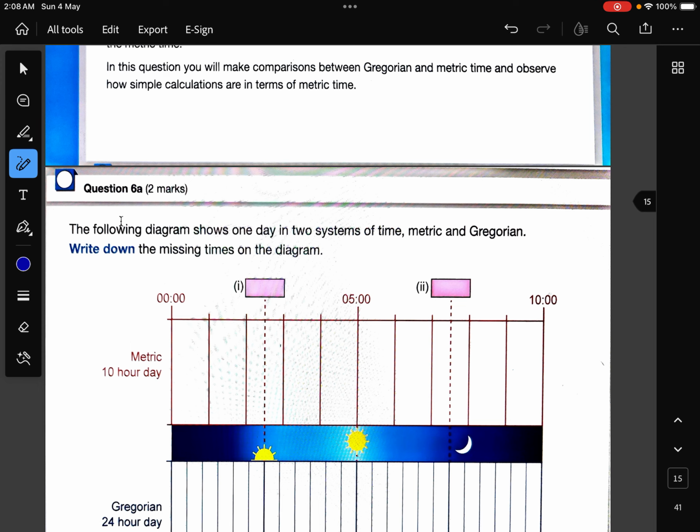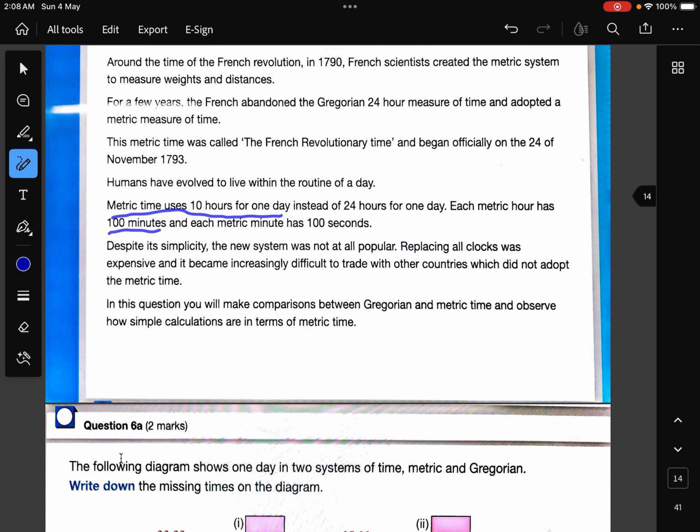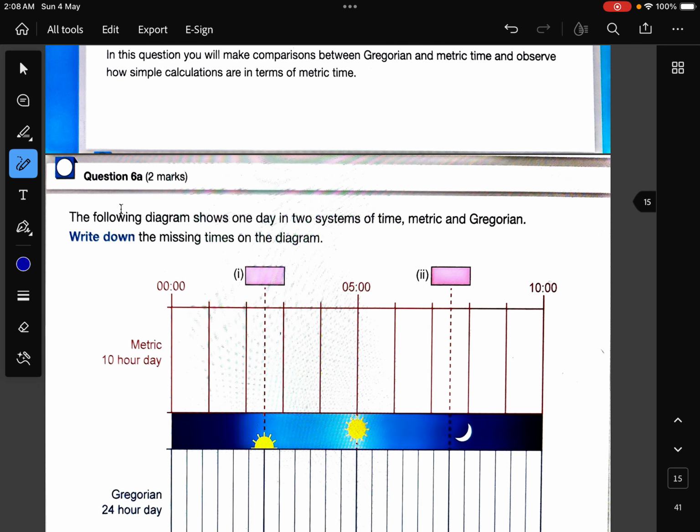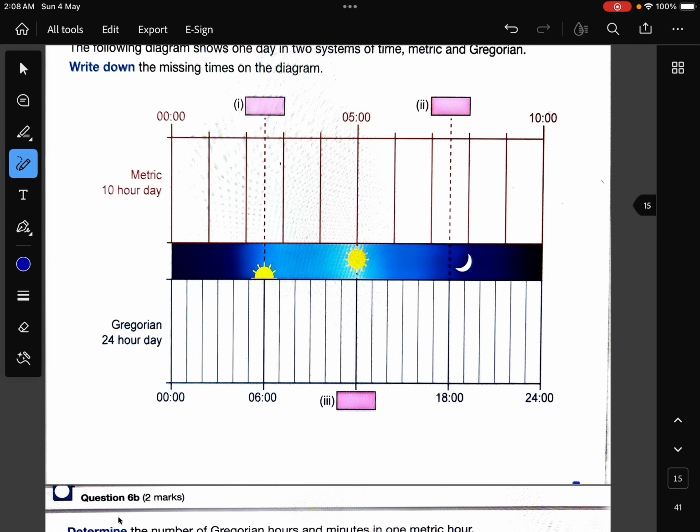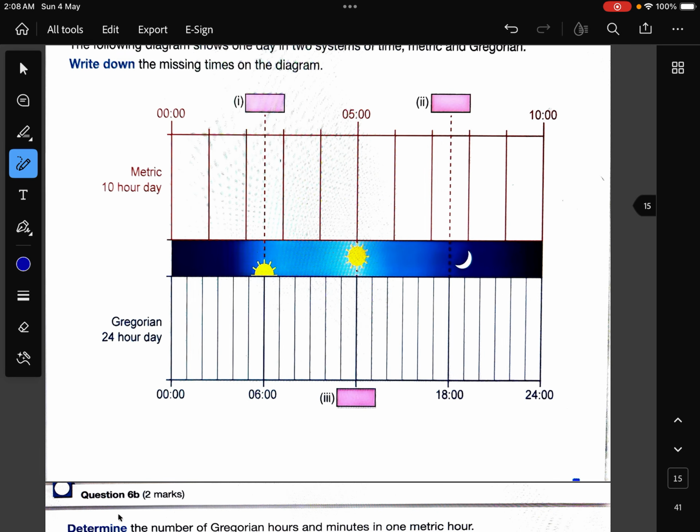When we look at between 12 midnight and 5 o'clock in the morning for the metric 10-hour day, do bear in mind that every metric hour is worth 100 minutes. If we're looking at the midpoint between 12 midnight and 5 in the morning, in the Gregorian it would be 2:30 in the wee hours of the morning.